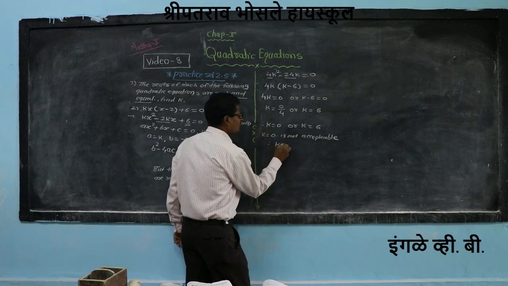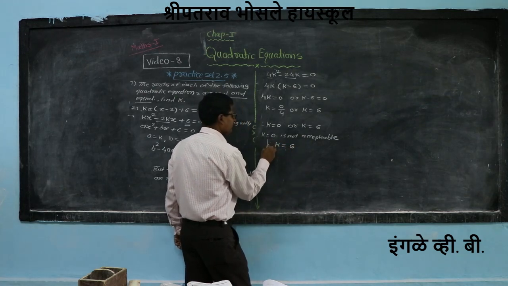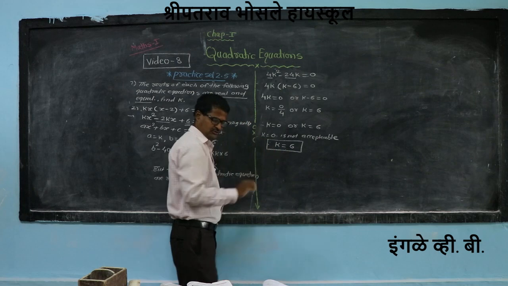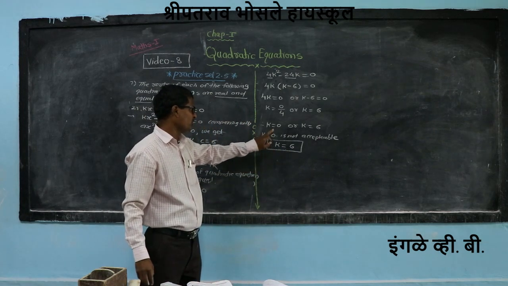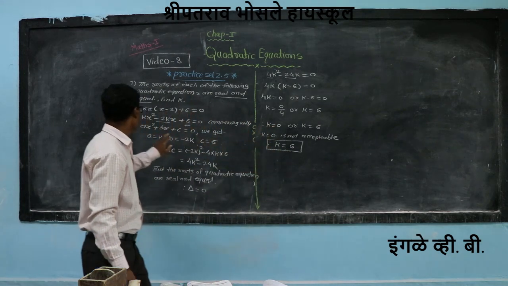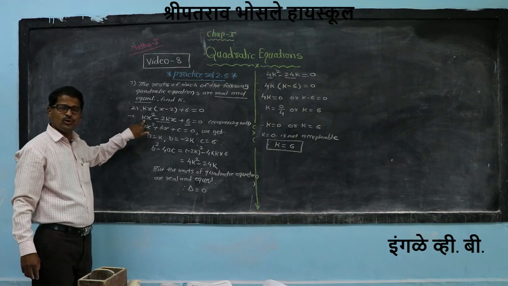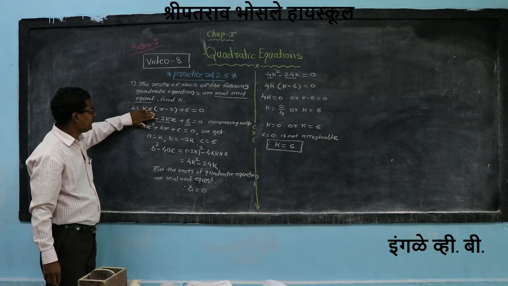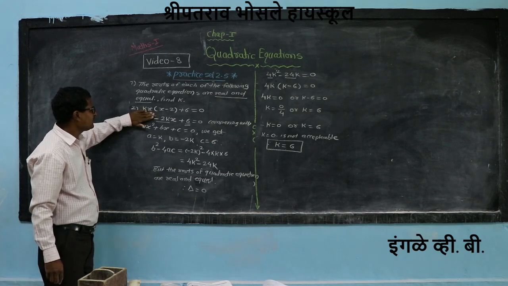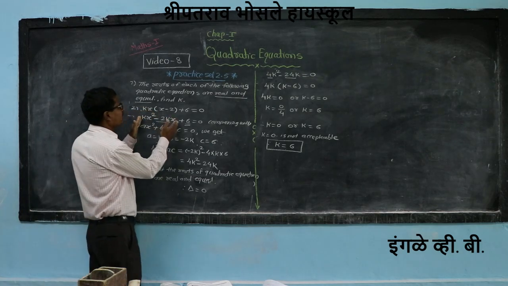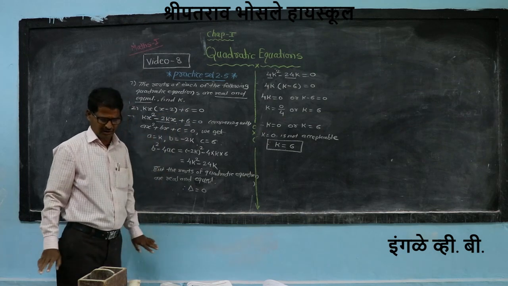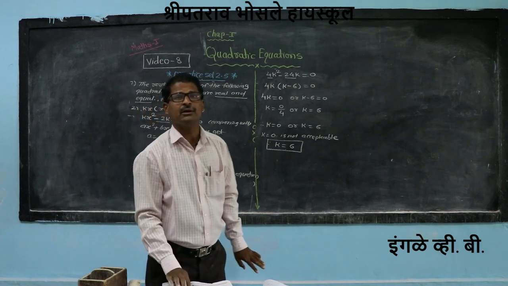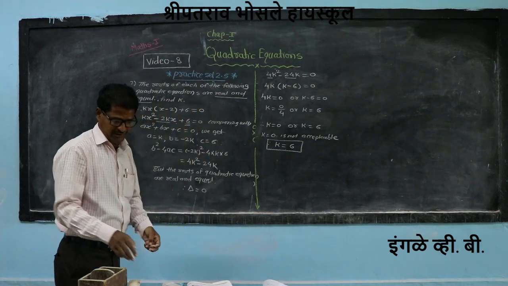Therefore k is equal to 6. Remember this: if k is 0, the quadratic coefficient becomes 0, and we only get the equation plus 6, which is not a linear equation. This completes practice set 2.6.